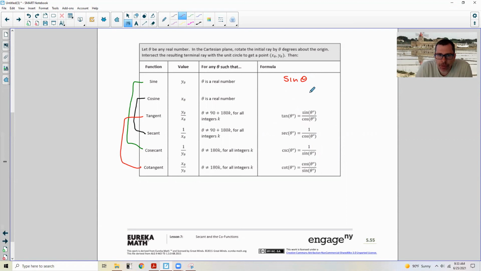It's not something to fill in. This is a reference table to learn the concepts. It's everything all put together: the value, the restrictions on their domain, if there is one, and their formulas.